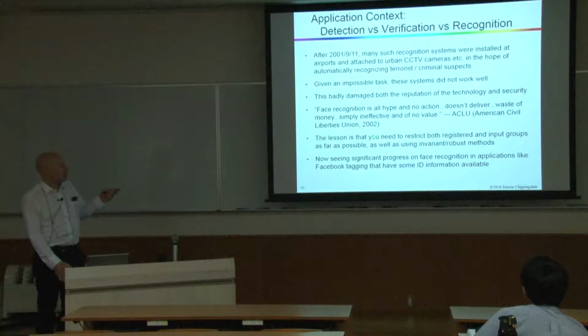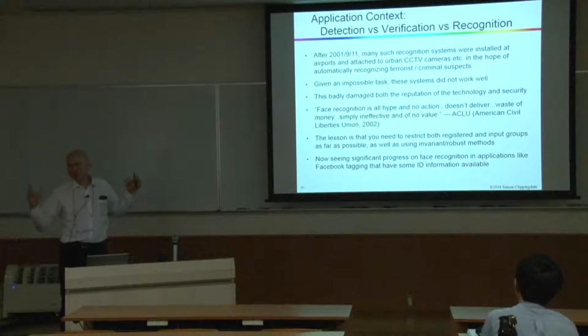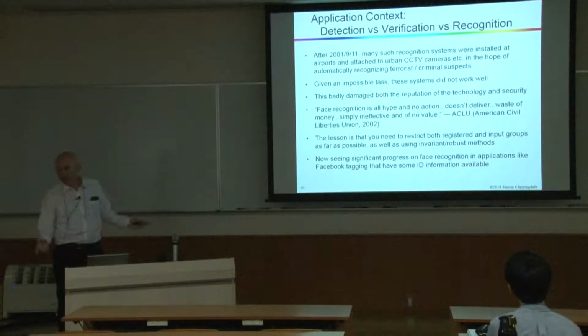The lesson is that you need to restrict both the number of people registered and the number of people in the input as far as possible, as well as using invariant and robust matching methods. Now we're seeing significant progress on face recognition, such as in Facebook tagging and so on, where there's some ID information available. You can restrict the number of people likely to be in photographs, etc.